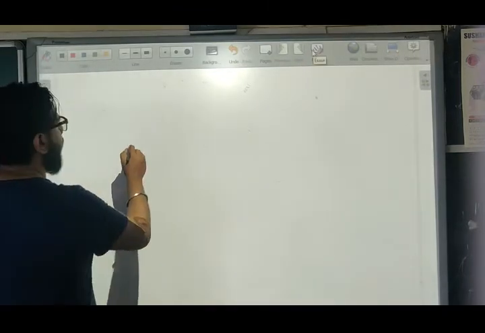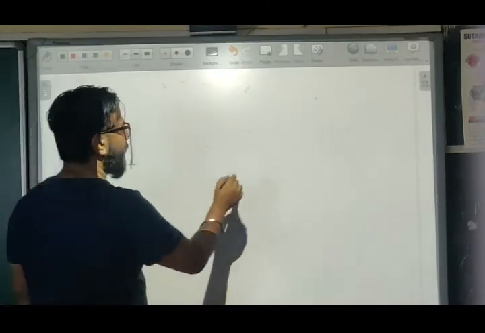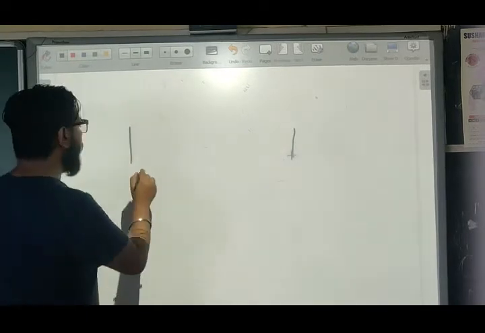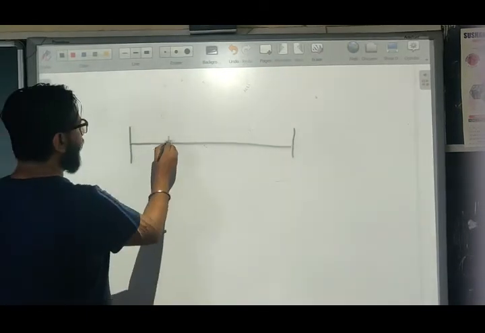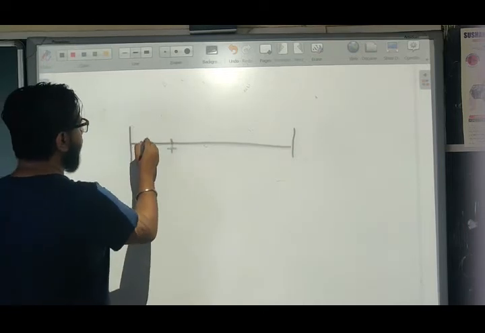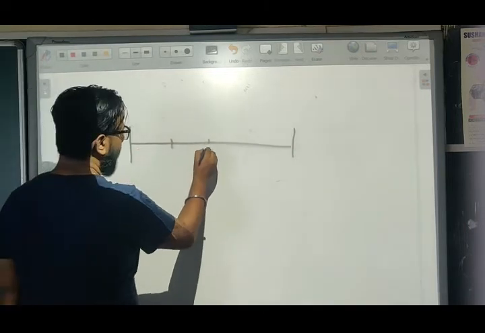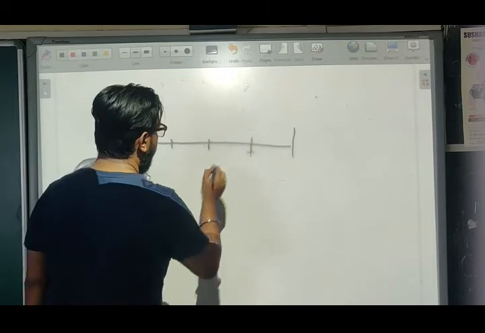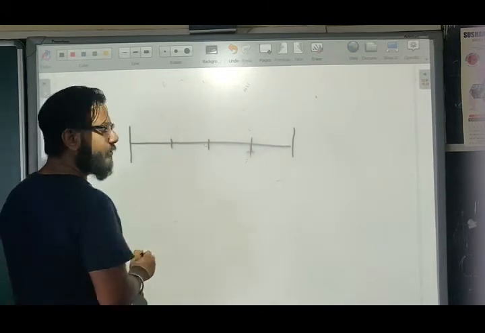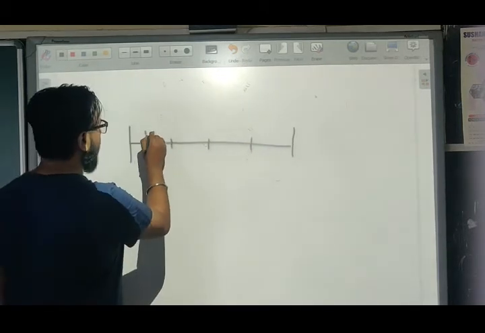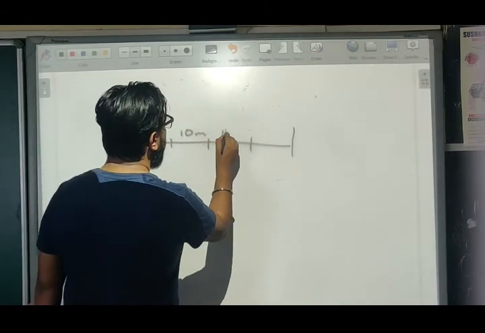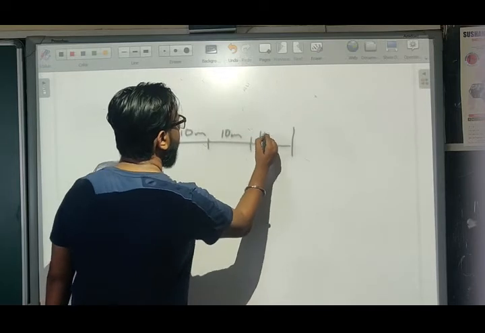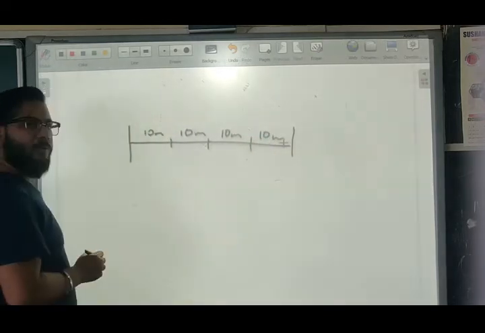Now, as I was saying before, back to uniform motion. What does uniform motion mean? Let's see. All these distances are equal. These are 10 meters each: 10 meter, 10 meter, 10 meter.